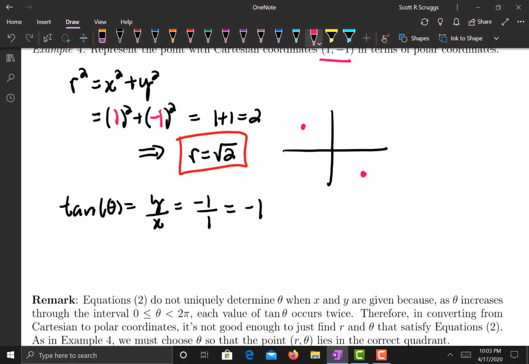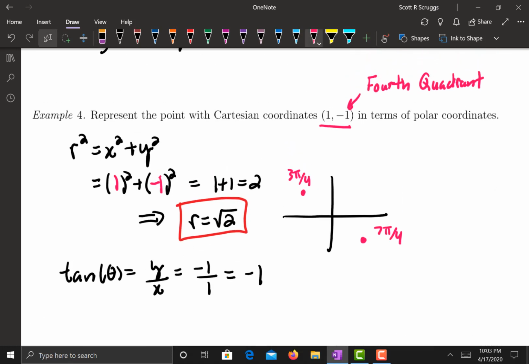So that means theta could either be 3 pi over 4 or 7 pi over 4. But because I already observed that the Cartesian coordinate is in the 4th quadrant, 7 pi over 4 is going to win.